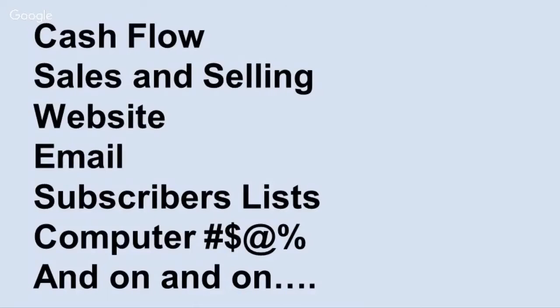You have to have some knowledge about your website because you need to be able to control it and make it yours and not have someone else be the developer all the time of what you want to say. And you want to be able to get out your emails yourself on a regular basis, not always, and make sure you have your subscribers happy. And you have to know some computer technology, whether you like it or not, and so on and so on.